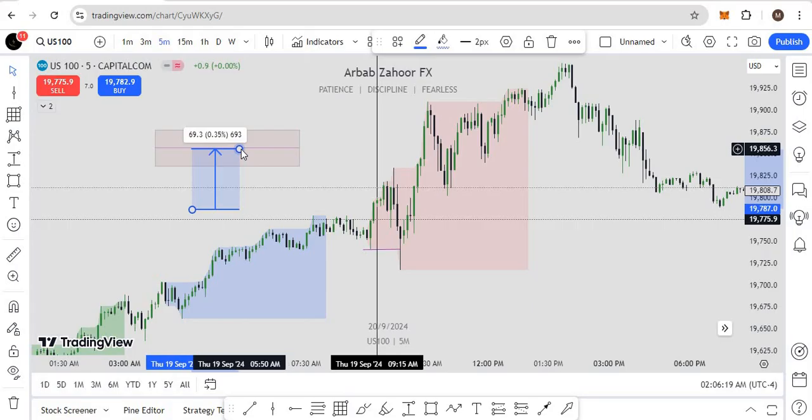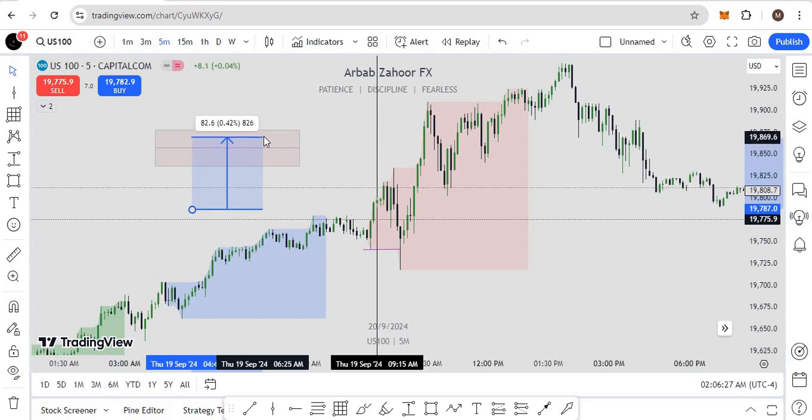Market, if it is heavily bullish or bearish, should not cross the consequent encroachment, and if it does, it will be permissible, no problem. Even it can reach upside, but the body should close inside this fair value gap, should not go above this.